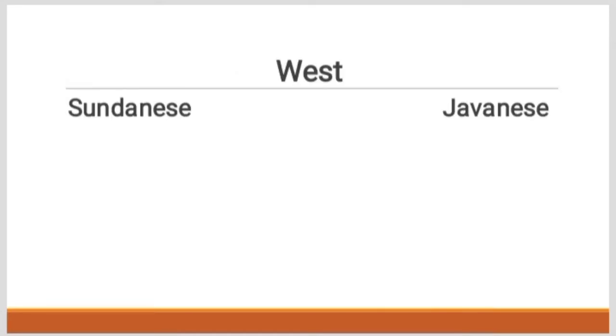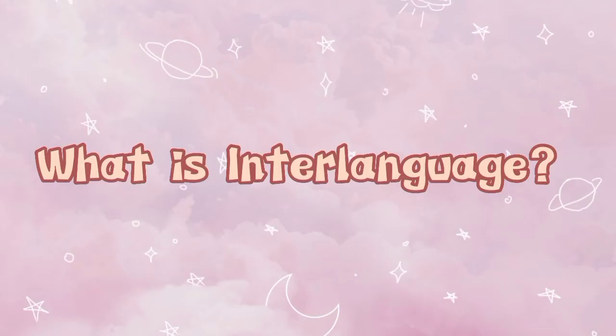Now, look at this. The word on the left is Sundanese, and the word on the right is Javanese. In this scenario, the way will be called interlanguage. So, what is interlanguage?